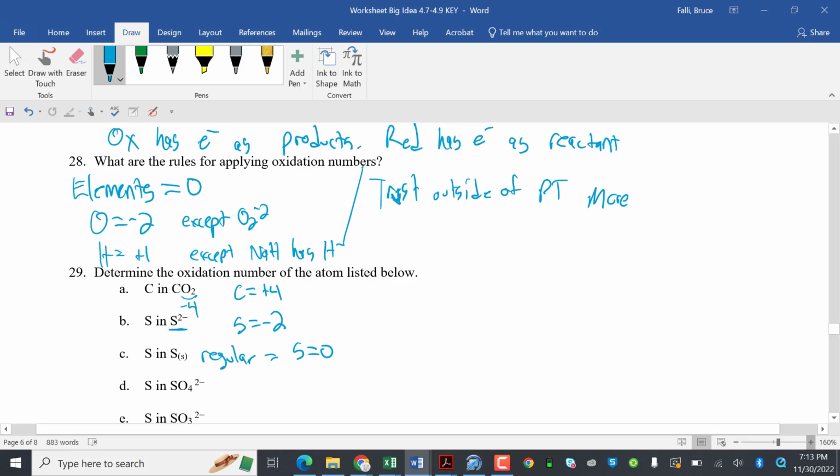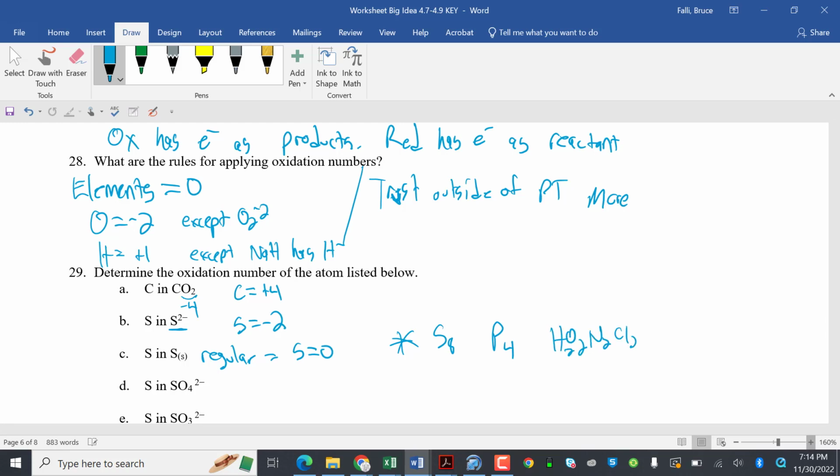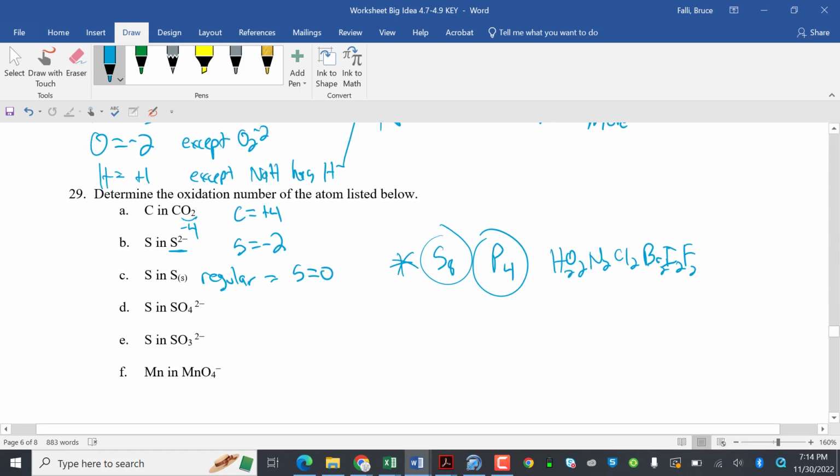Okay. Now, as a weird little note, and they use this sometimes, S8 is its natural state. P4 is its natural state. And then I think you know the diatomic elements. And you should know S8 and P4 are pretty common weirdos. Okay, so just be aware.